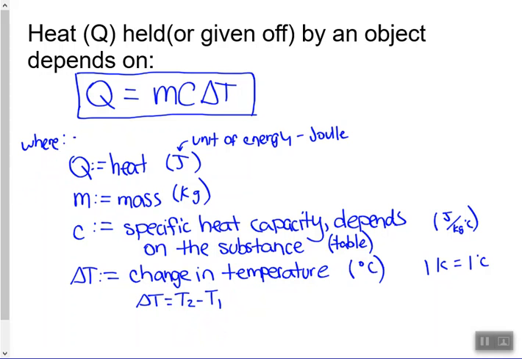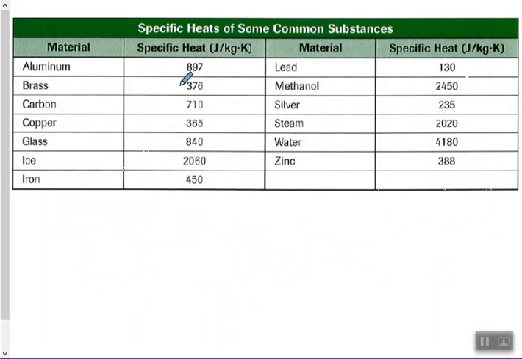Taking a look at a specific heat capacity chart and talking about what these units mean. You have this table on your table sheet. It gives you different materials and their specific heat.